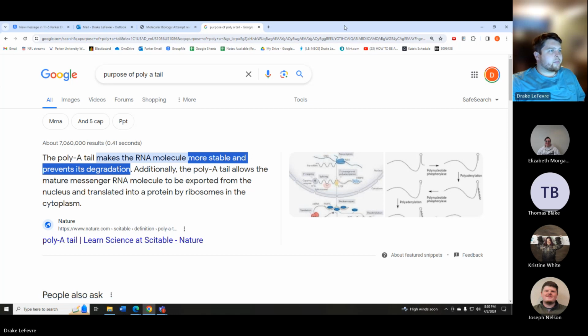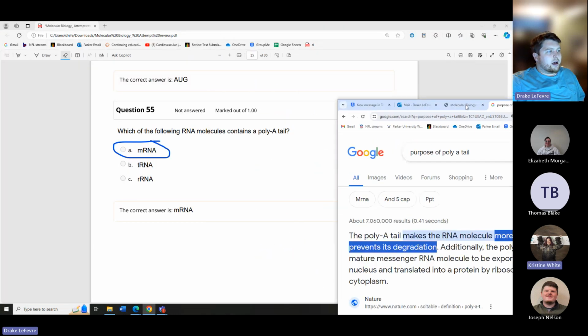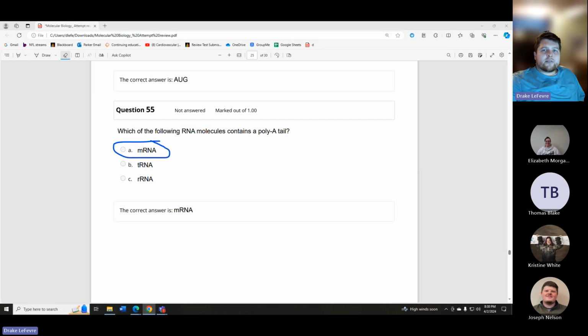Have you guys ever heard the word telomere? Anybody remember what a telomere is or what its job is? No. It's been a while.